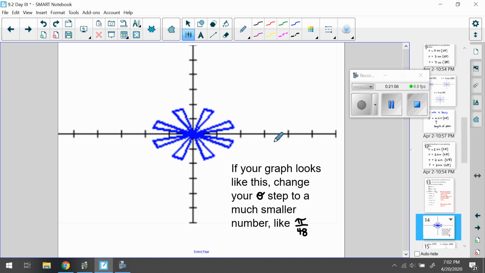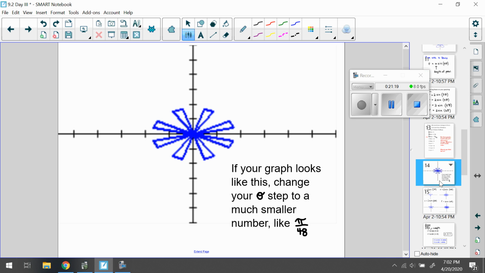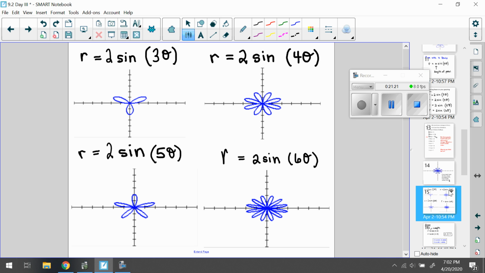But if you shrink that step, then it looks more curved and smooth like it's supposed to. So if you adjust that setting, I think you'll get much better results. And you should end up with graphs that look a little something like this. So again, more like petals and less like fan paddles or something like a ceiling fan.